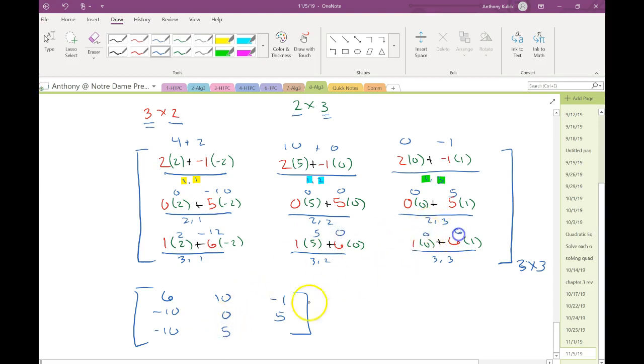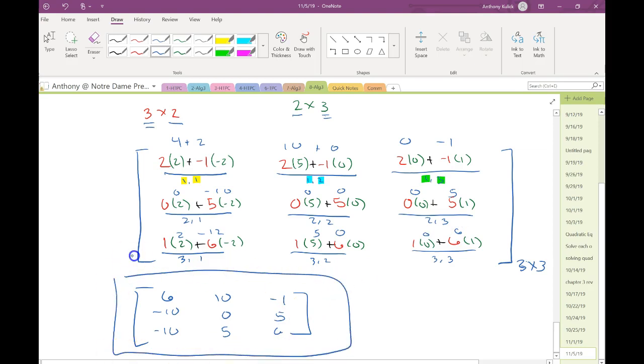And 0 plus 6 is 6. So that's what my final answer would be. Everybody okay with this?